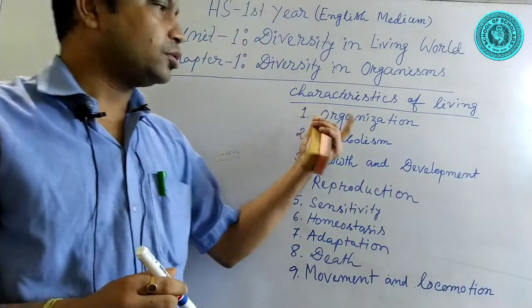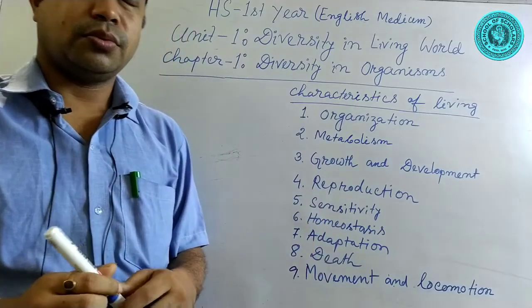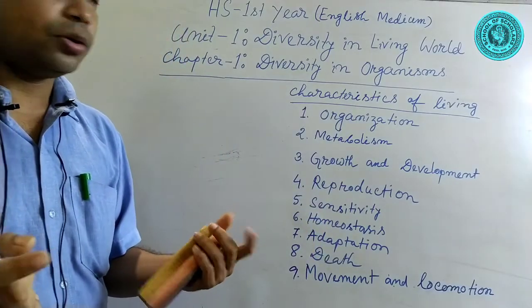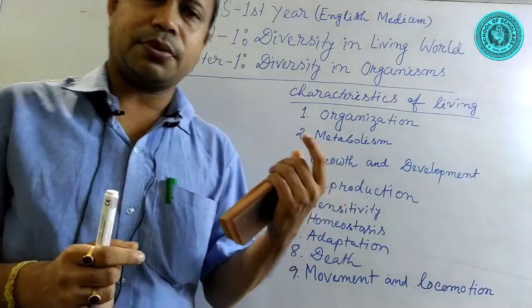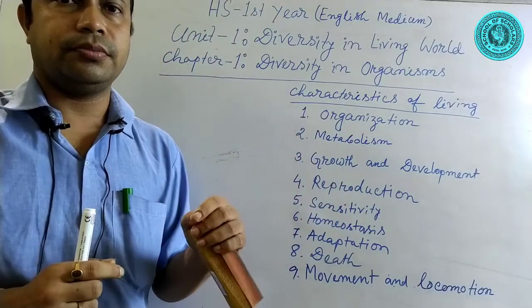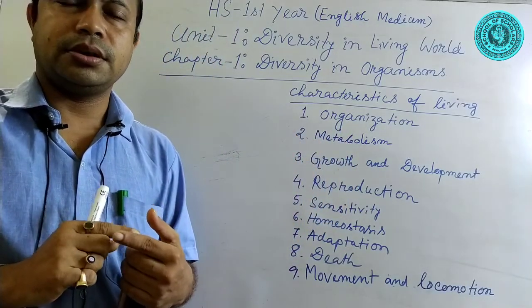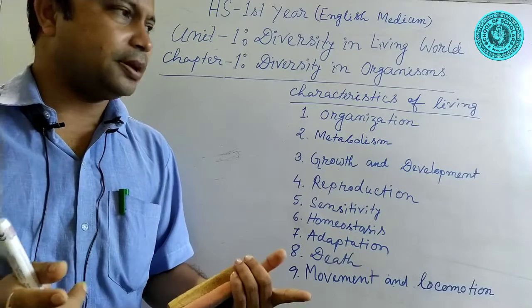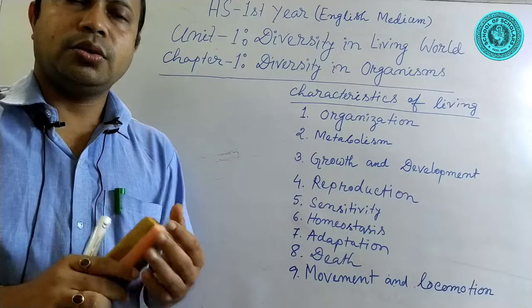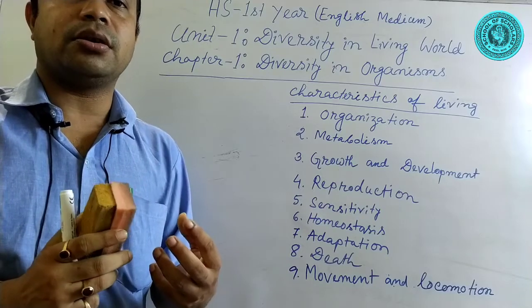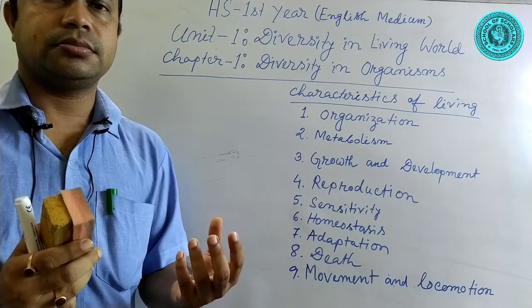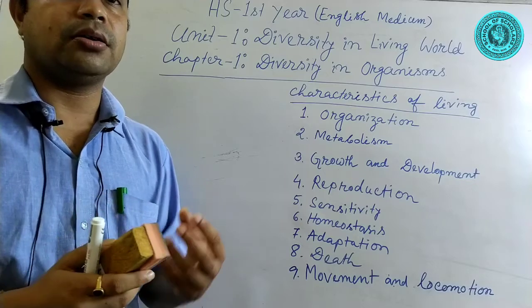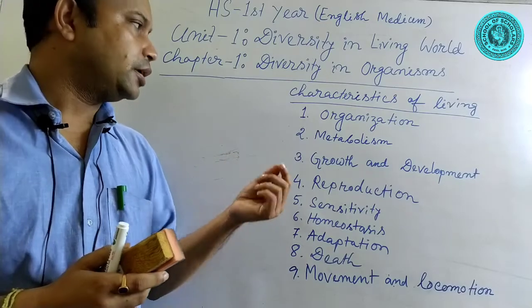First one is organization. What do you mean by organization? Organization is a process of union of simple units to form a complex or large unit to perform a common goal.